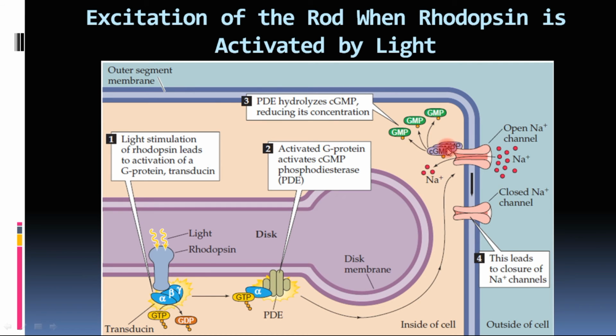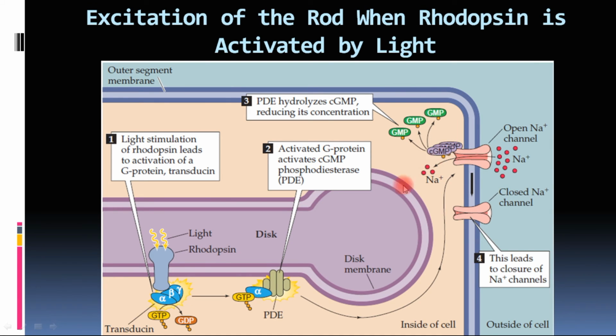Now what is the importance of this concentration of cyclic GMP? When the cyclic GMP was present, it was combining with the sodium channel, and when it is combined with the sodium channel, it keeps the channel open. We will discuss in the next slide the importance of the sodium channel, but for now, when the cyclic GMP is combined with the sodium channel, it keeps the channel open and sodium keeps coming inside the cell.